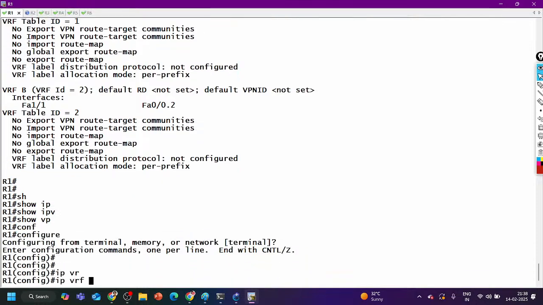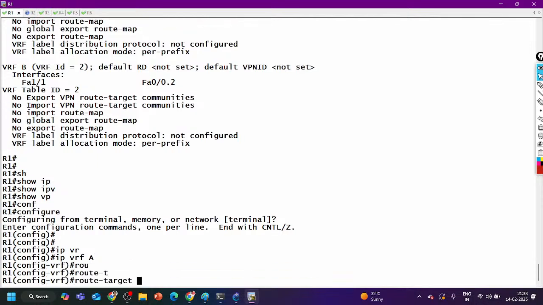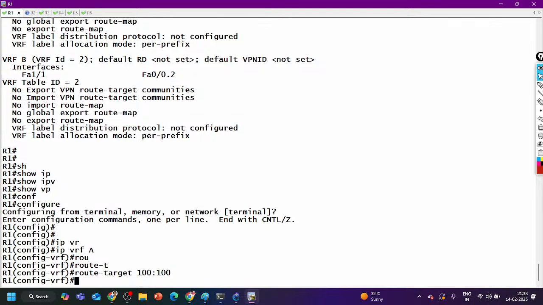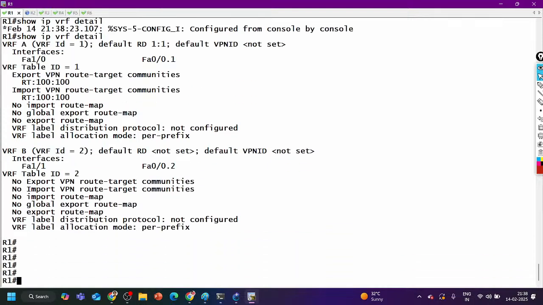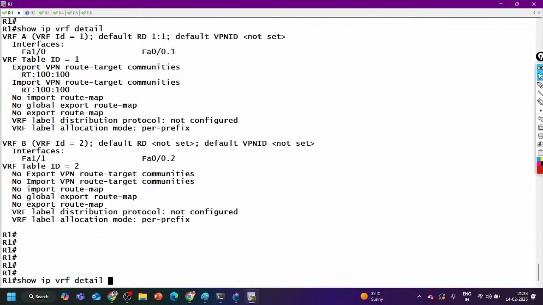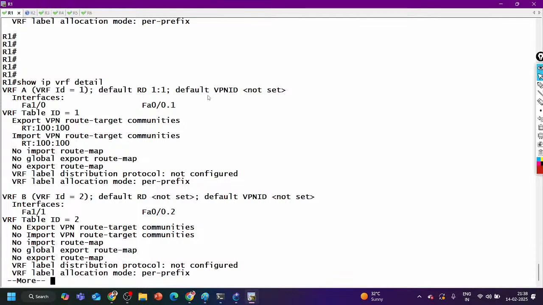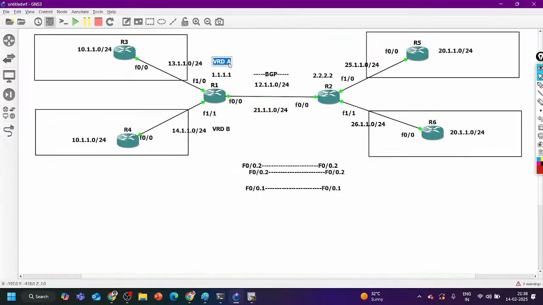Now you know what will happen here. Now on my router 1, for VRF A I have defined RD value 1:1.